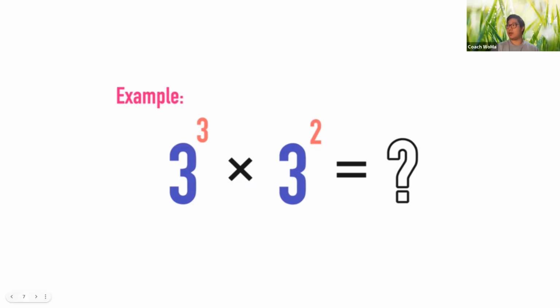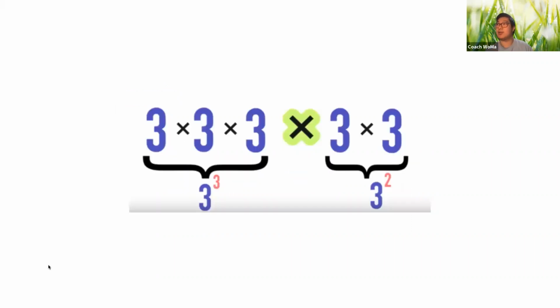Okay, let's go to the next slide now. Yeah, okay, so you can think of this like, 3 cubed is 3 times 3 times 3, and 3 squared is 3 times 3, and you're just multiplying all of these together.